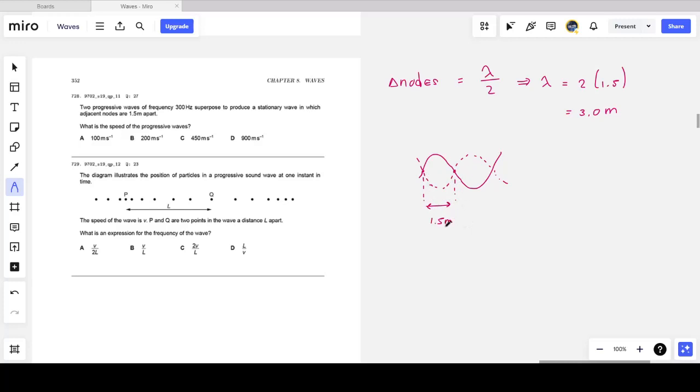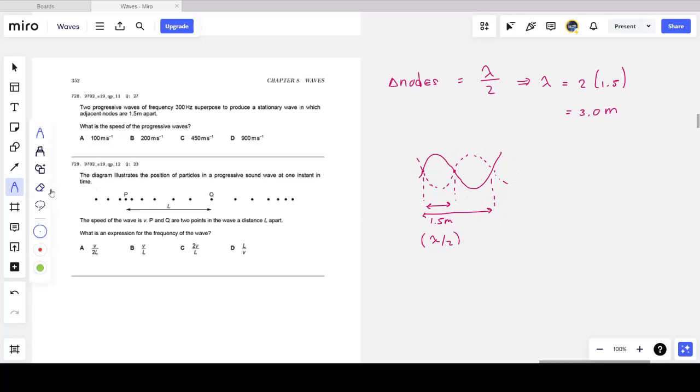And we can see that that's lambda over 2. That's half a wavelength. That's how I got the wavelength to be 3 meters. The wavelength should be the entire distance between two successive nodes and then the next two successive nodes.